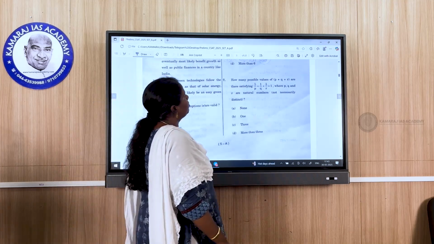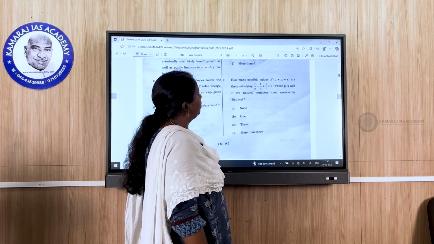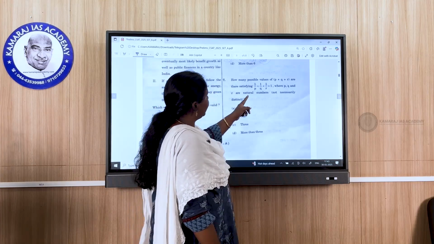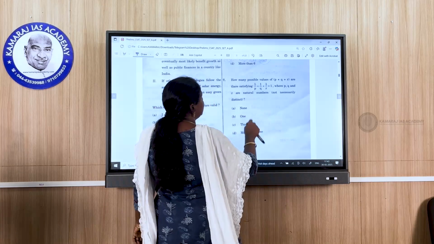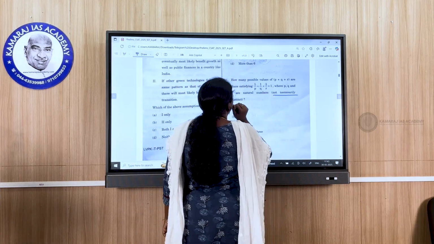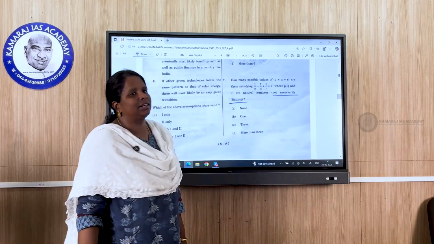Next, how many possible values of p plus q plus r are there satisfying 1 by p, 1 by q, 1 by r? Yes, the question is easy, but you have to see this point: not necessarily distinct, right?